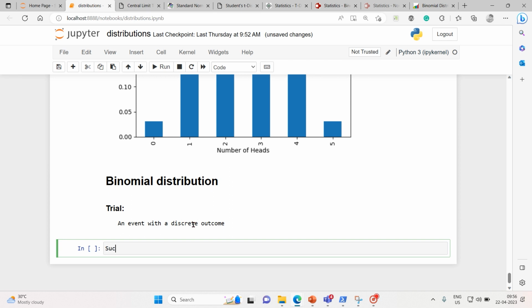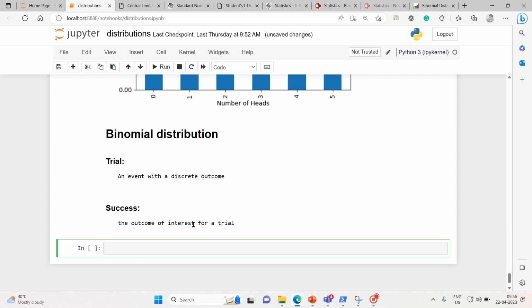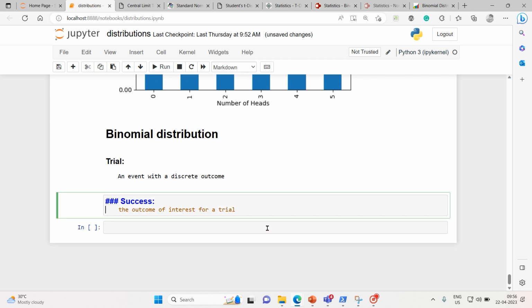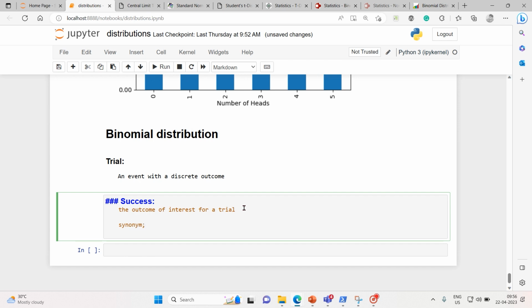Success: the outcome of interest for a trial. It doesn't tell about failure or success, it talks about the outcome of interest for a trial. The synonym for this normally used is one.